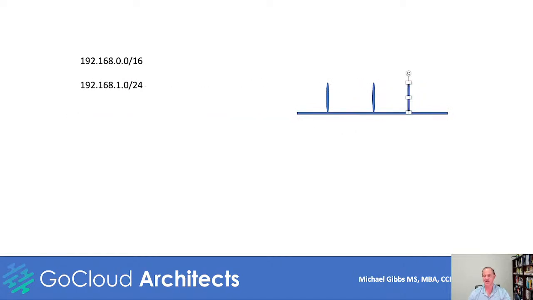So for those of you that are not used to old school, this is what an Ethernet LAN looks like. So we're going to call this a LAN. I'm just going to call it a VLAN, make life easy. Now let's say you've got 3 routers in here, all on the same subnet.